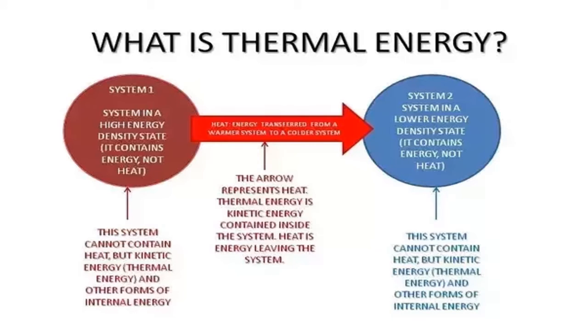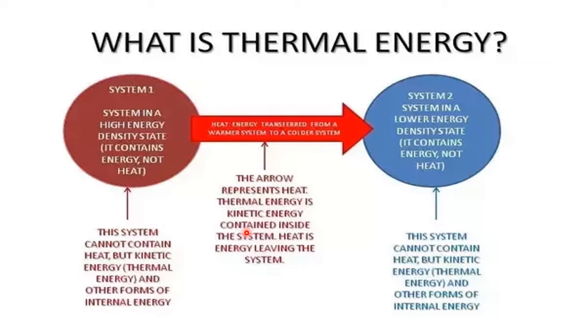Now this is once again understanding about thermal energy. This is system number one, system number two: higher temperature, lower temperature. Whenever energy transfers or moves from a system at higher temperature to a system at lower temperature, that is called heat. The arrow represents heat.